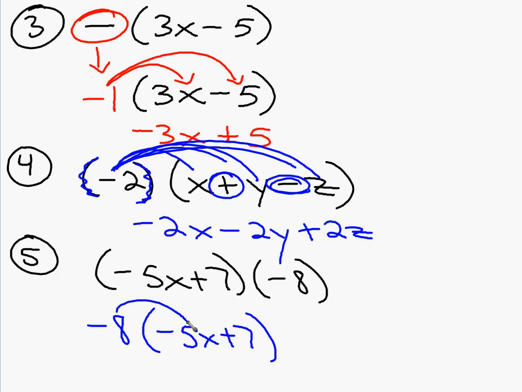Negative 8 times negative 5 is positive 40x. Negative 8 times positive 7 is negative 56. Just a couple more things that we need to clean up. One of them is problems like this.